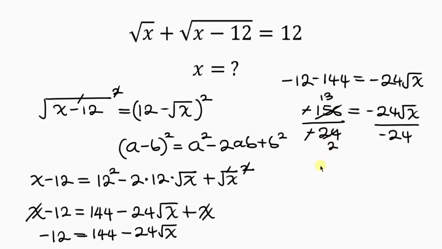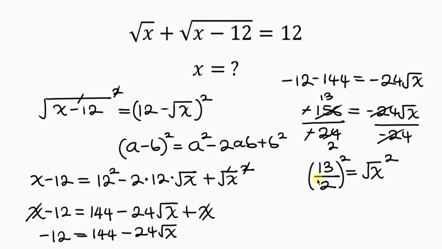So on the left we have 13 over 2 equal to, on the right, negative 24 cancels out negative 24, leaving behind the square root of x. Now to get rid of the square root, we have to square both sides. So I'll square the left, I'll also square the right.